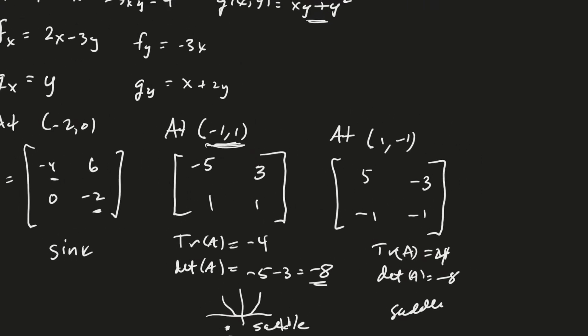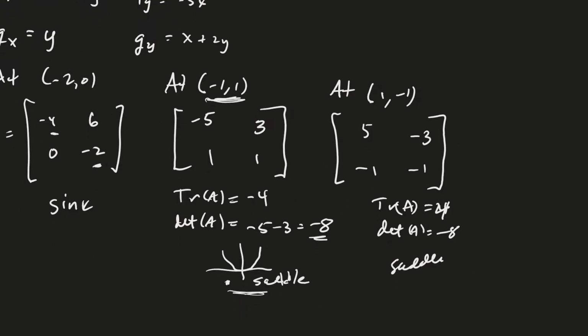Good. And what's our last one? At (2, 0), we have a matrix that is 4, minus 6, 0, 2. And this is the source.